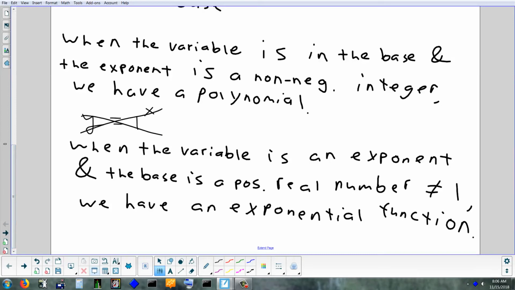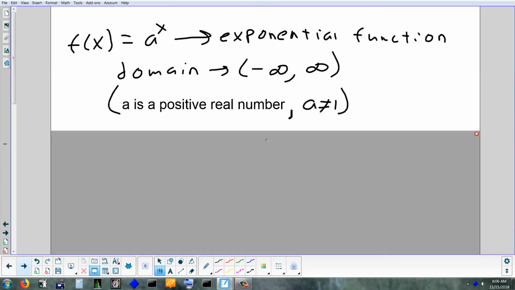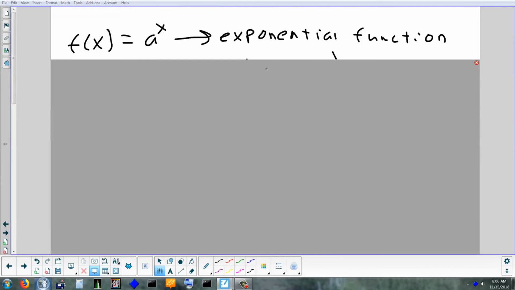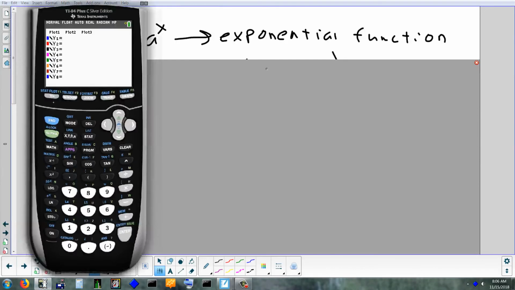It's pretty straightforward. It's nothing super tricky. So let's look at an example of one. Let's graph 2 to the x. I picked a base that's positive. It can be a fraction, that's okay. The base can be any positive number, like 1.3, that works. But the variable has to be an exponent.